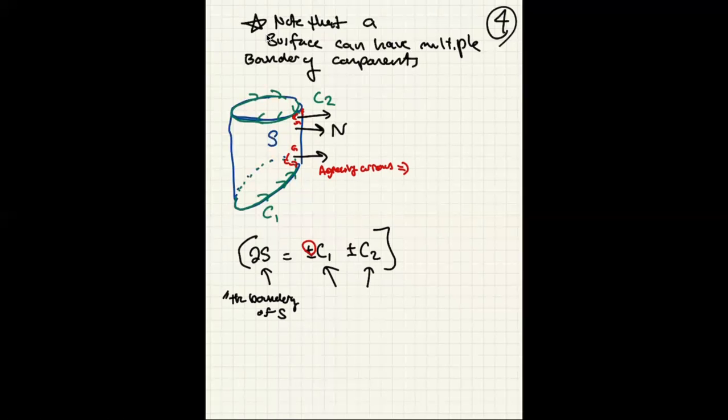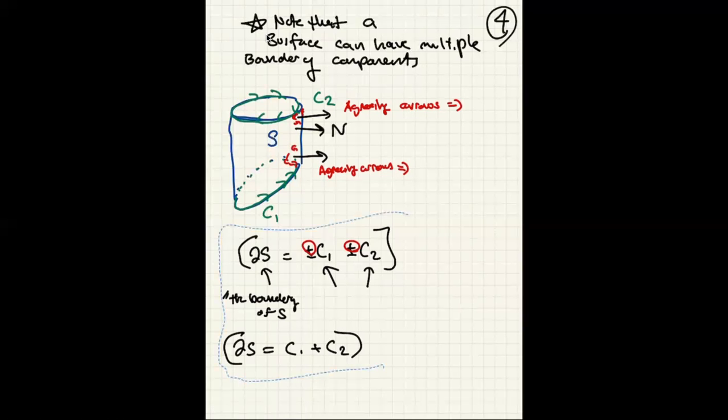So agreeing arrows are going to tell us positive C2. So the final answer is that the boundary of S is a copy of C1 plus a copy of C2. And this is helpful for Stokes' theorem because of the following.